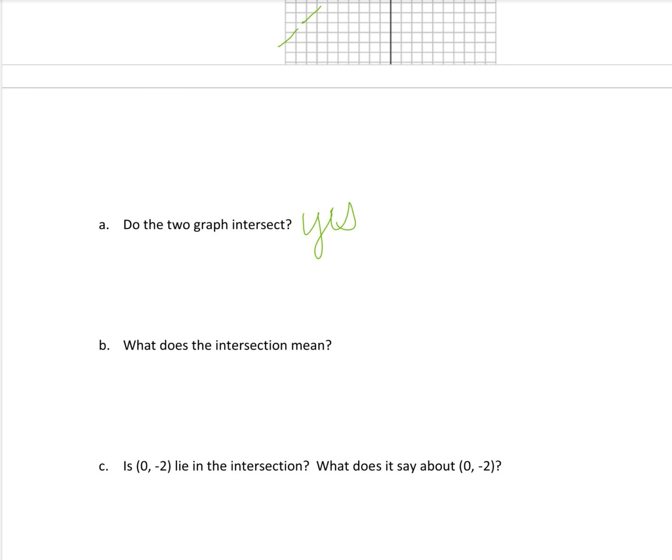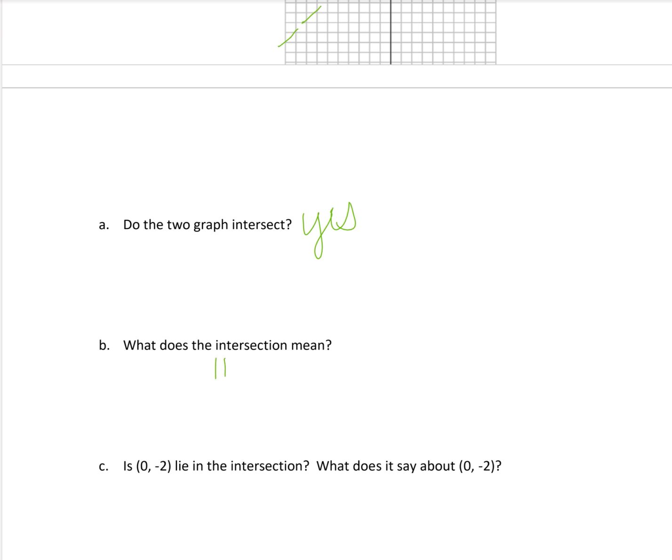It says, what does the intersection mean? Well, it just means that everything between the dashed lines is a solution, but nothing at the dashed line is a solution. So what does the intersection mean?